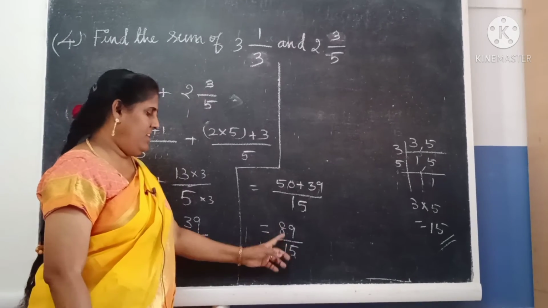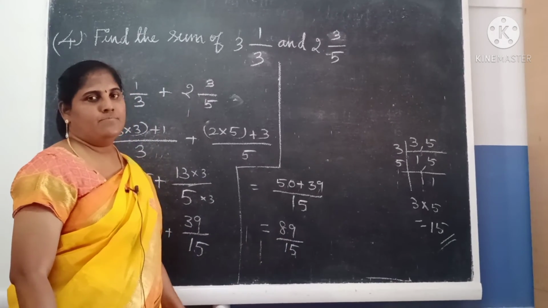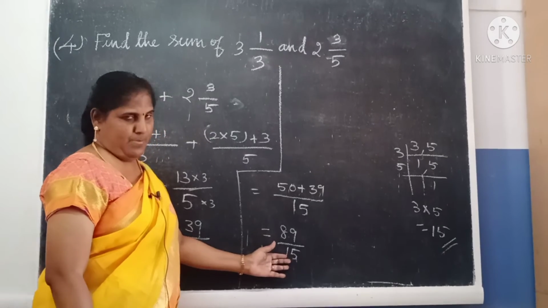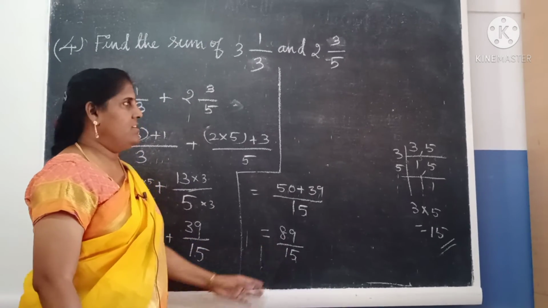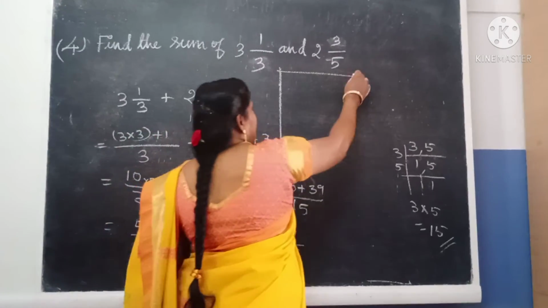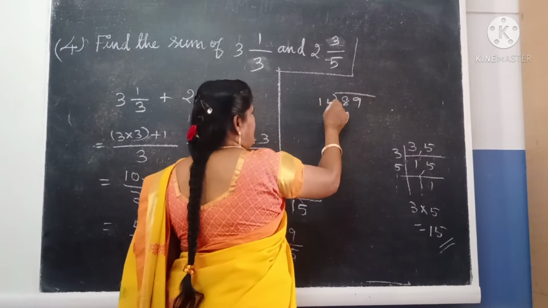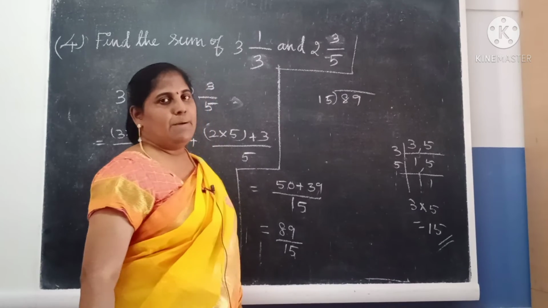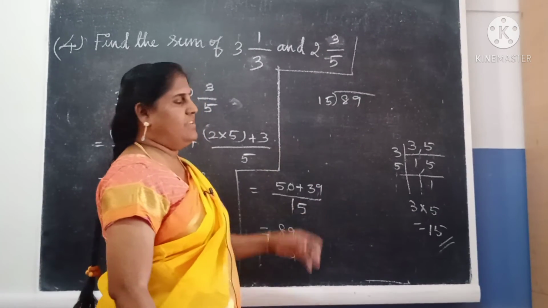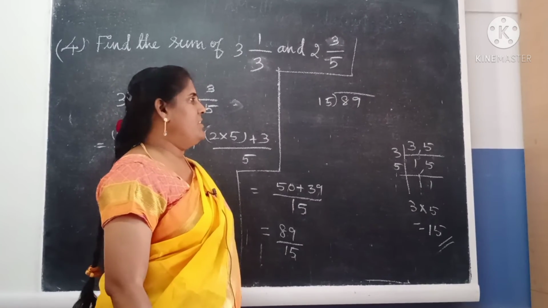But 89 by 15 is not a proper number, it's an improper fraction. So improper means you just convert the improper number into a mixed number. Just take the 15 table. In the 15 table, how many times does it come?